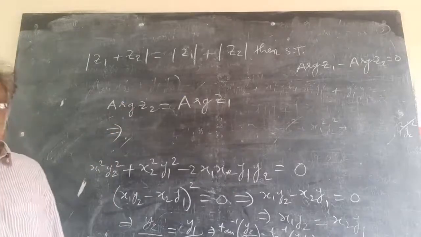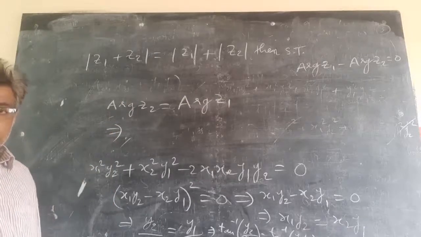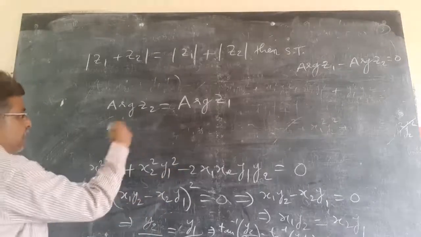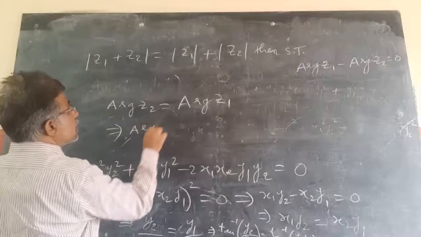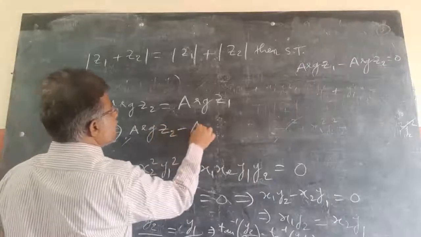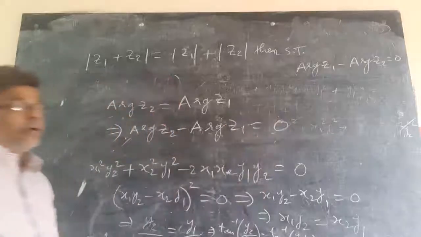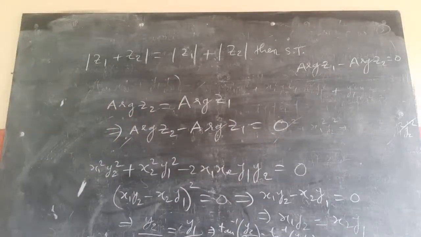What is meant by arc z2 equal to arc z1? If you bring it to this side, arc z2 minus arc z1 equal to 0.